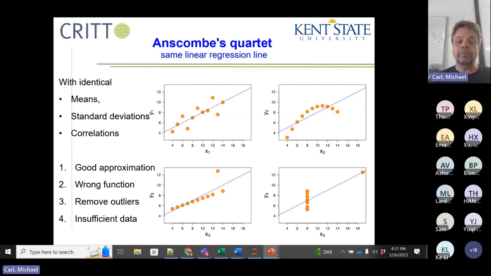And what would be the remedy? Well, there could be a remedy. One would be we just don't assume a linear regression, but a non-linear regression. There are also packages with non-linear regression, but I believe that's much more complicated stuff.